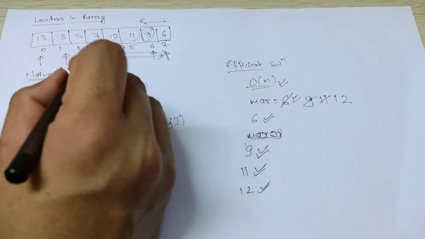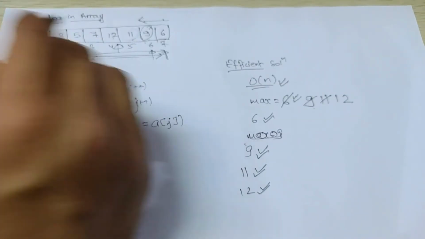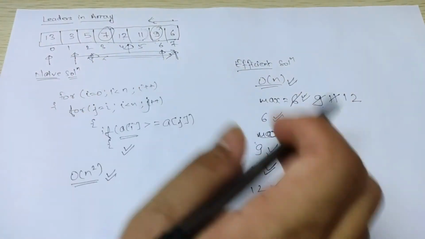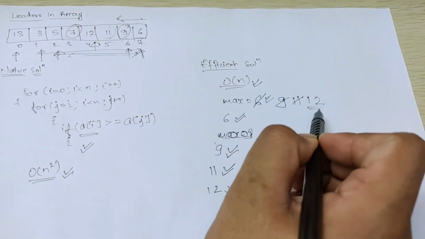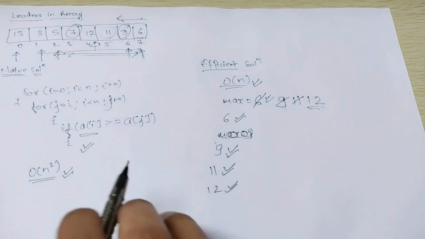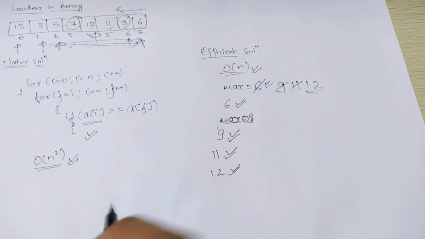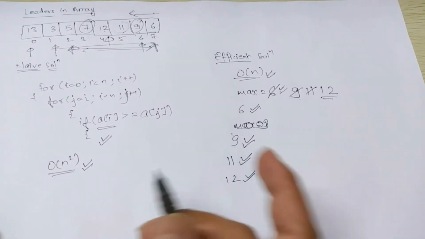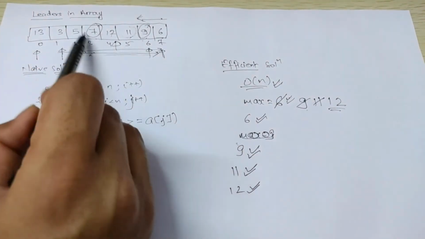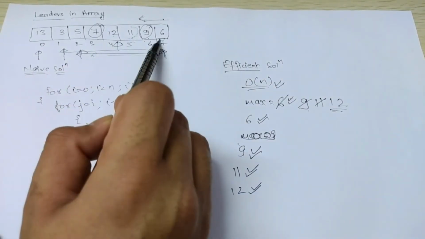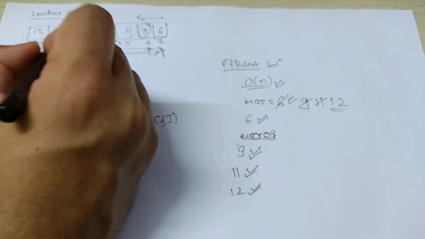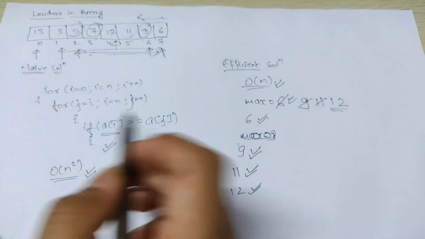Now you'll move again and this time you'll come to the 7, and if you compare 7 with the 12, because 12 is the maximum element and 7 is not greater than it, 7 cannot be the leader, because if only a single element present at the right is bigger than the current element, then that current element will not be leader. So all the elements at the right should be smaller than 7. So now you move to the left again.